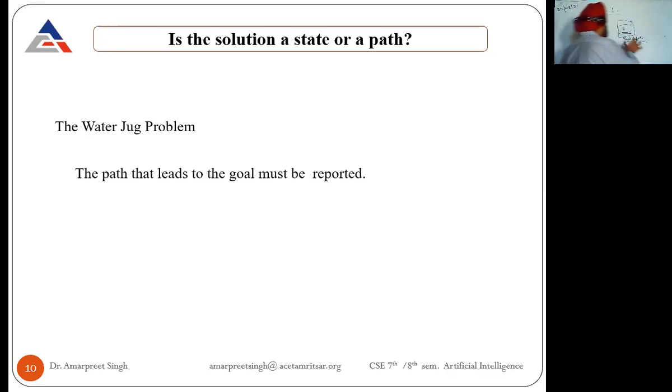Means it is not the final goal state, but whatever solution you have found, it will lead you to the goal state.